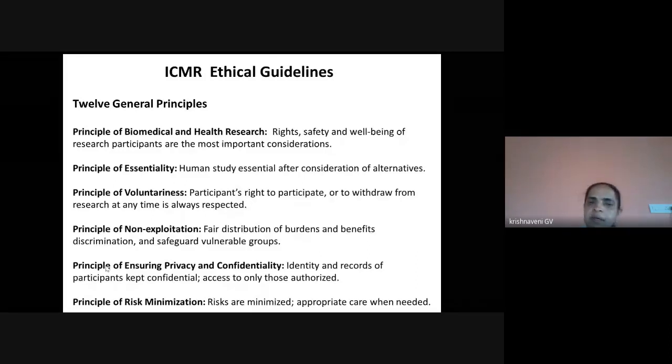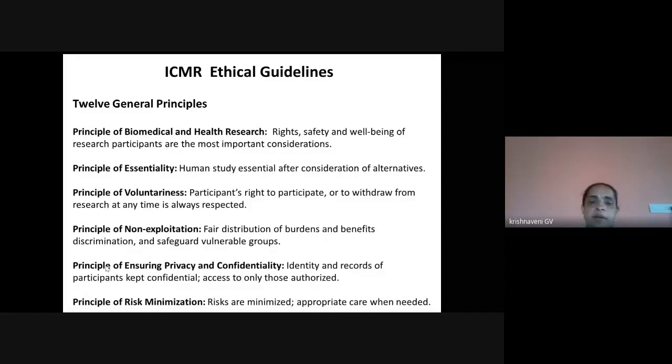As a member of an ethics committee, I have several times questioned the validity of a research if they are just repeating what somebody else has already done in the next state or next country. Unless it brings something more to the population in question, that research is not considered essential, and you are unnecessarily putting so much discomfort on the participant. So it is not an ethical way of conducting research if you don't consider that as essential.